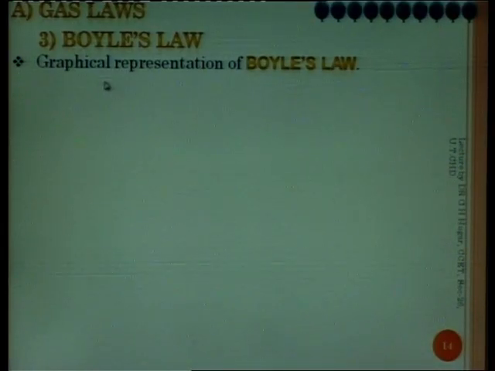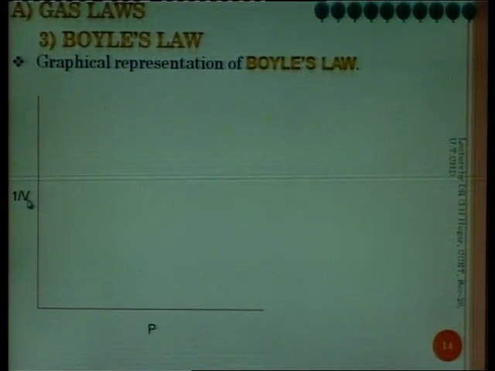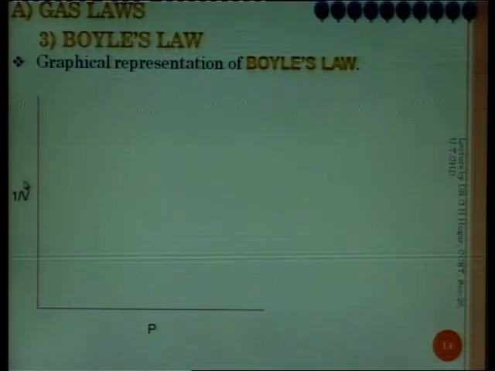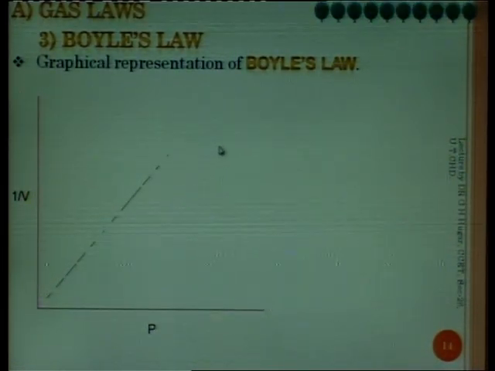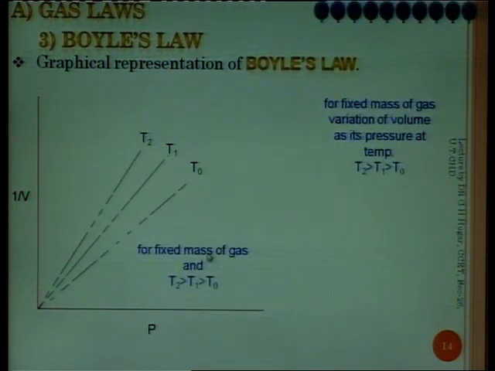So, how do we represent this classic Boyle's law? By graphic representations. Suppose we plot the reciprocal of volume versus pressure, keeping the temperature constant throughout the experiment, and the given mass of the gas must be constant.